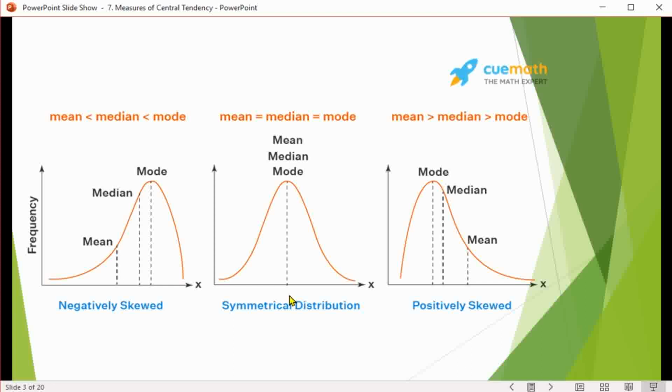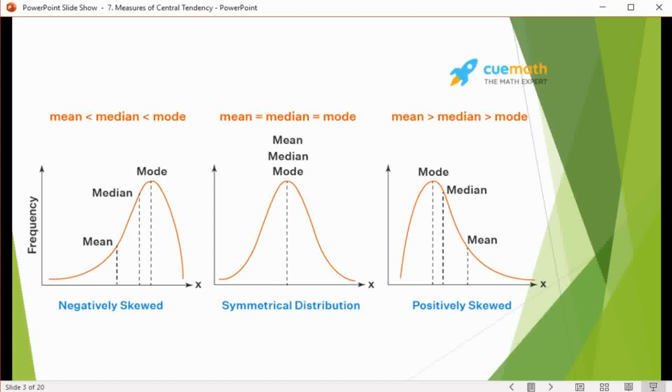In this case, we have mean, median, and mode found in the middle, because the majority of the data are gathered in this part. So it's also ideal that we see our mean, median, and mode in this region, and that's under normal distribution.